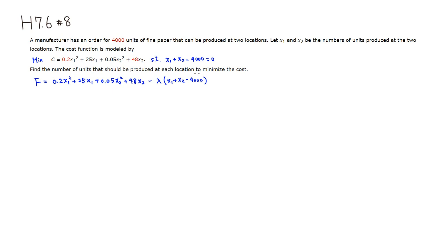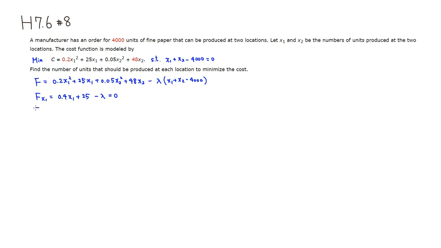So that's that. All right, let's find the partial with respect to x1. So that's going to be 0.4 x1 plus 25, and that's 0, minus lambda, is equal to 0.